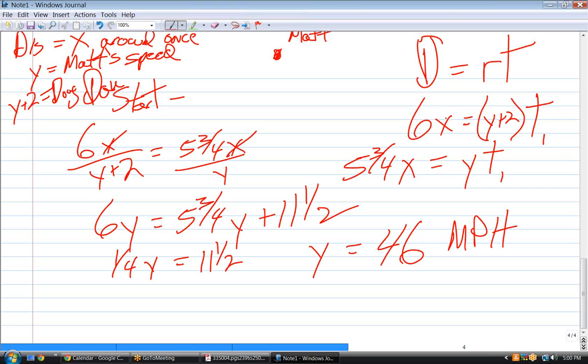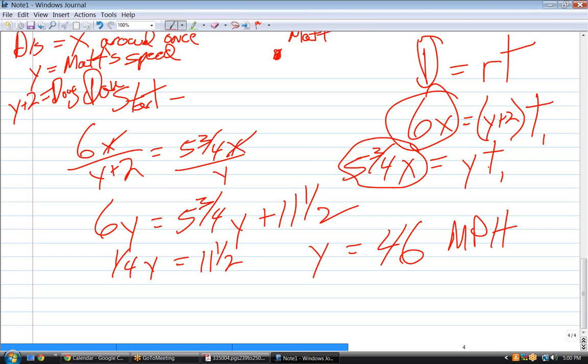If x is the distance around one lap, then he has to go 6x, 6 laps. And Matt only has to go 5 3/4 laps. Matt's going at y speed. The other guy's going 2 miles per hour faster. So if I solve that for t sub 1, I get 6x divided by y plus 2.